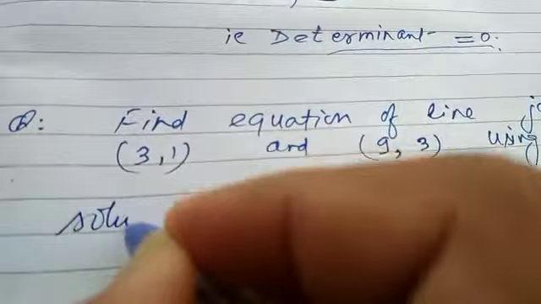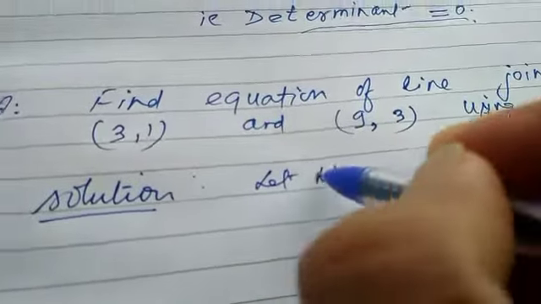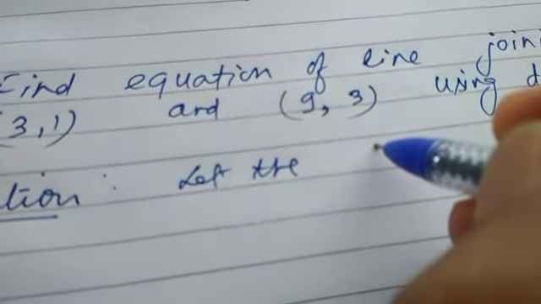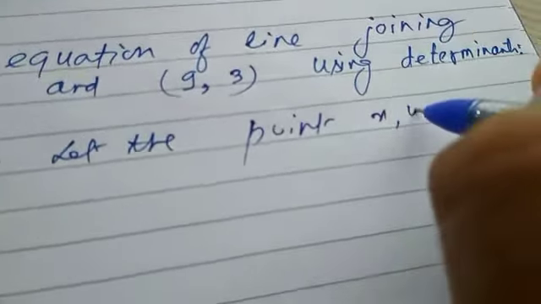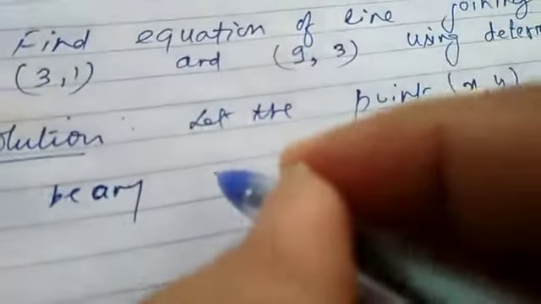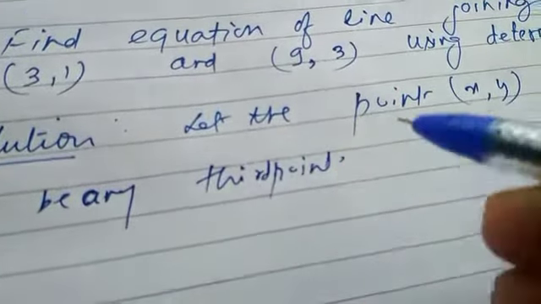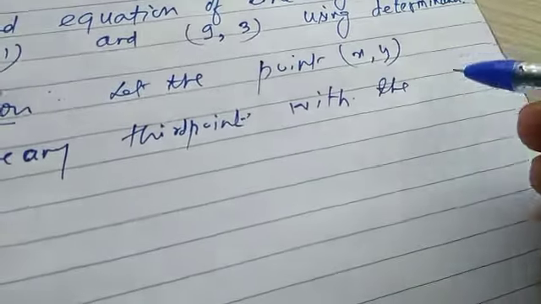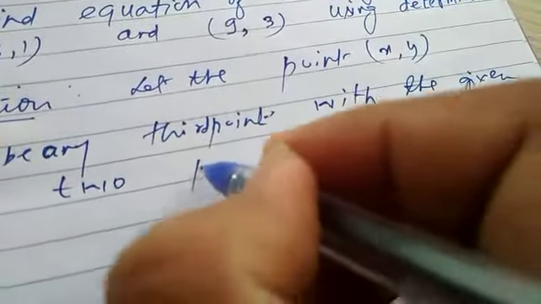Solution: let the point x comma y be any third point with the given 2 points.